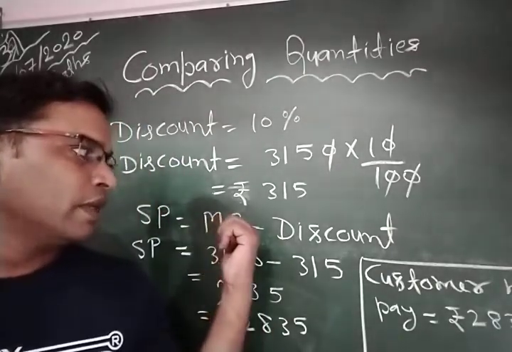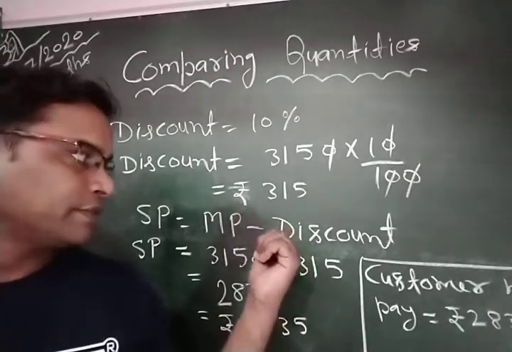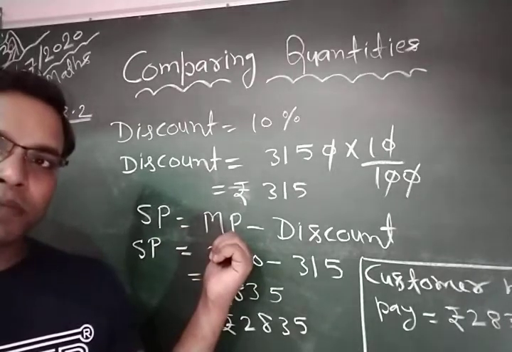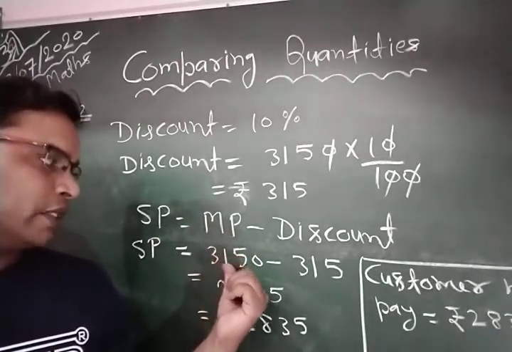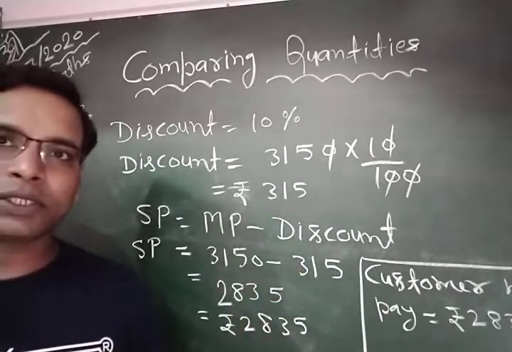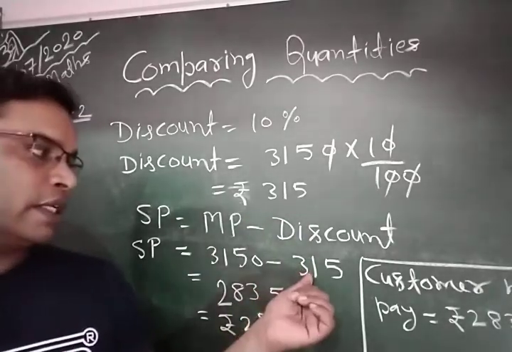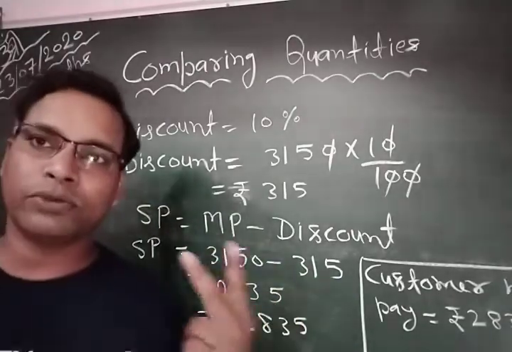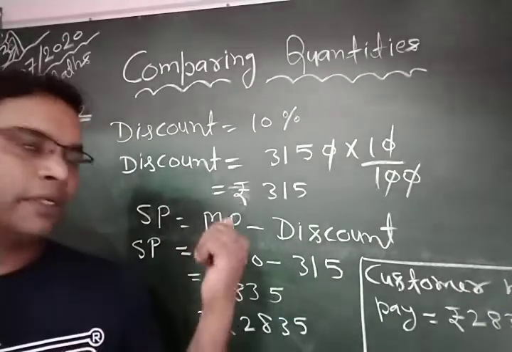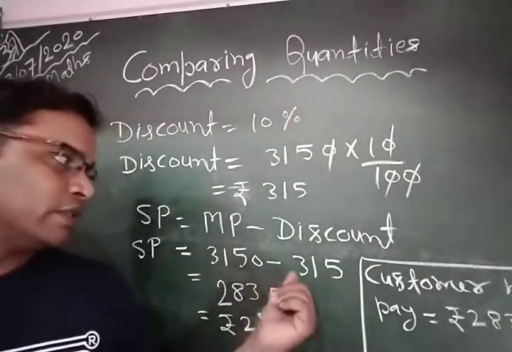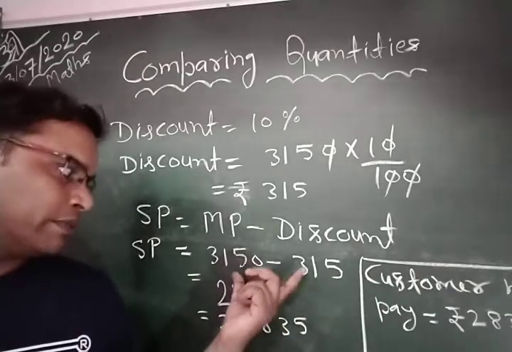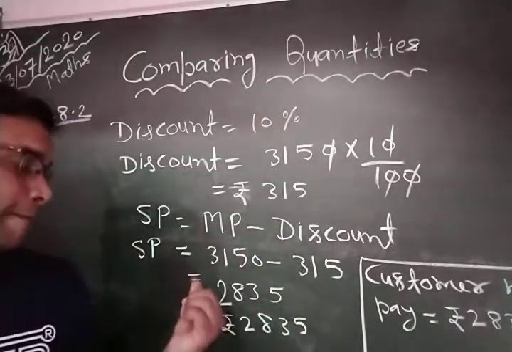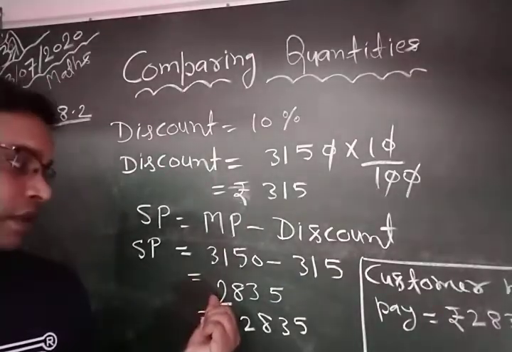Here the marked price is 3,150 rupees, and the discount is 315 rupees. This is the total marked price of the pair of jeans and two shirts, and the given discount is 10%. So we subtract the discount and we find the SP.